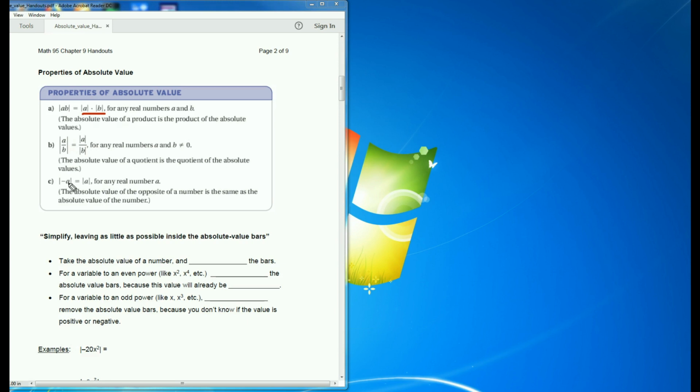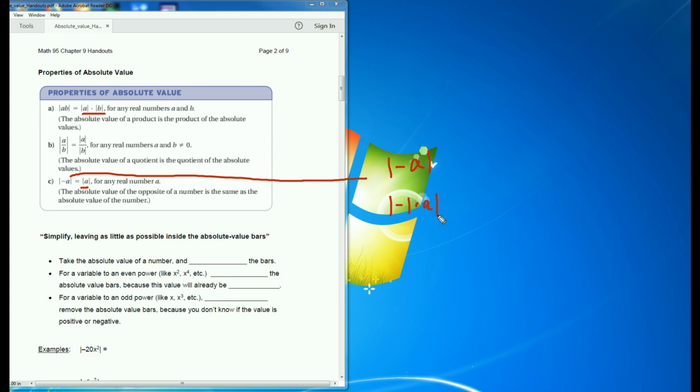If you have the absolute value of the negative of something, it's just equal to the absolute value of the something. And the reason for that is, when you have the absolute value of negative a, that negative sign really means negative 1 times a.